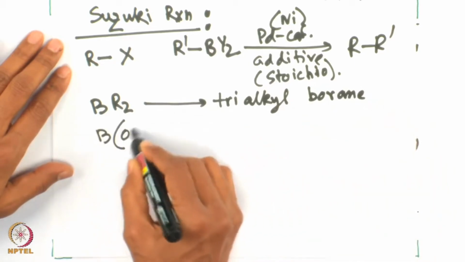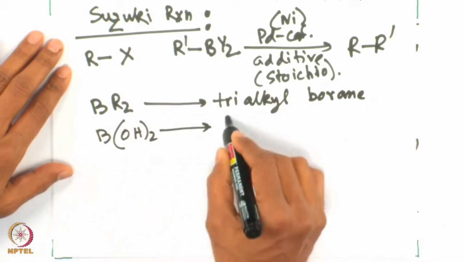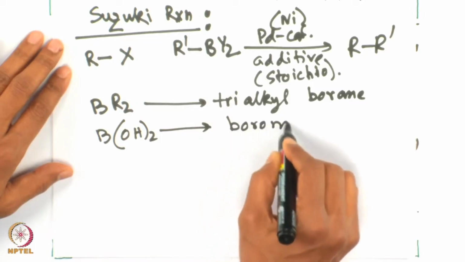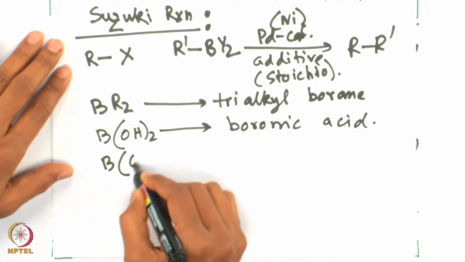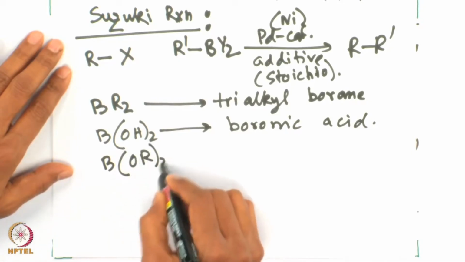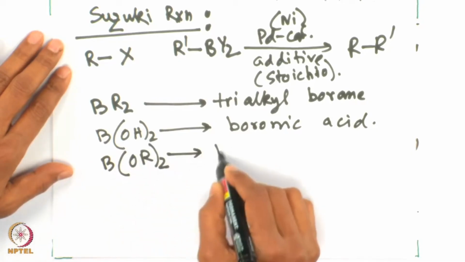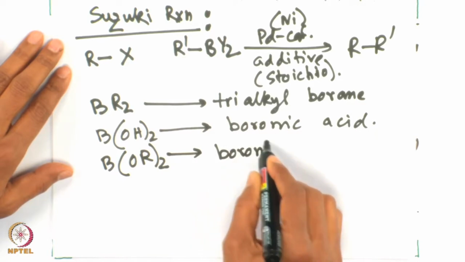If you have a boronic acid, that is one of the most famous ones that is used. If you have a boronic ester, that can also be a suitable partner for this sort of reaction.